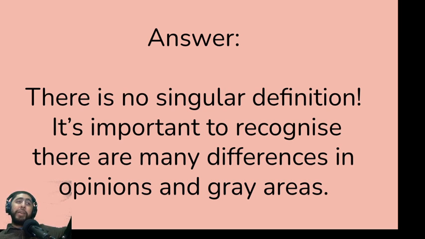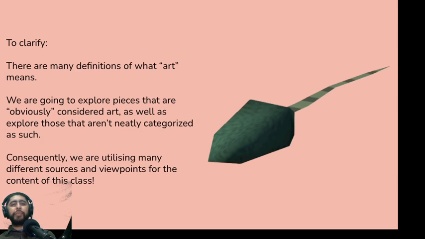Like maybe they miss art from China, for example, or art from the 1700s. So there's always going to be something that you miss when it comes to art. And we'll talk more about art versus craft and how that changes things. Not this week, but another week. And so what I mean by this, again, is there's no set in stone definition of what art is. It's very messy and complicated.